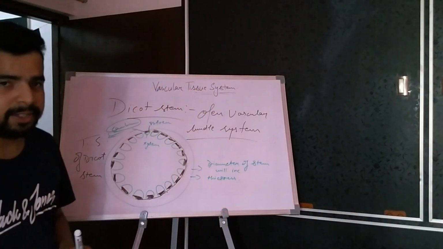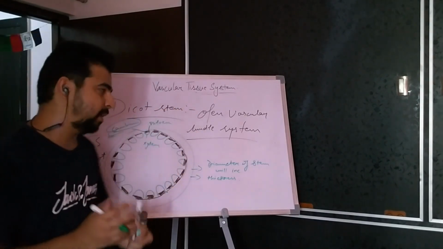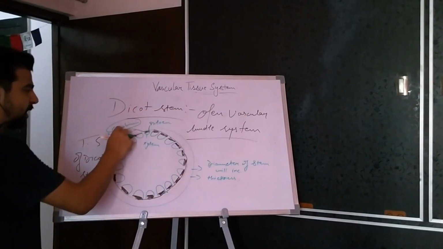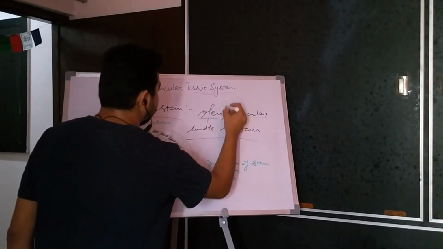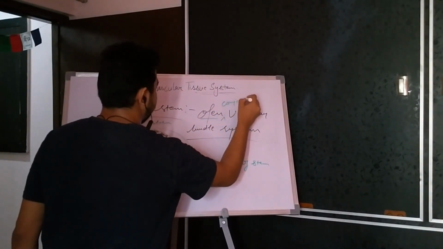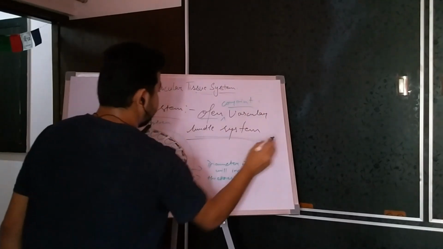This is the difference between dicot stem and monocot stem. In case of dicot stem, cambium is present, and so we call it open conjoint vascular bundle system.